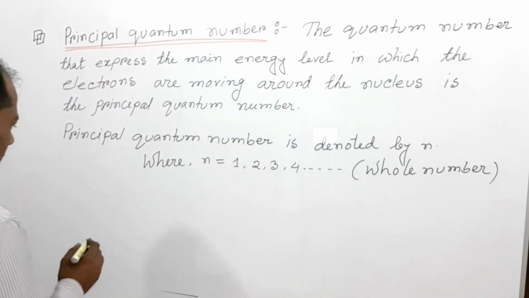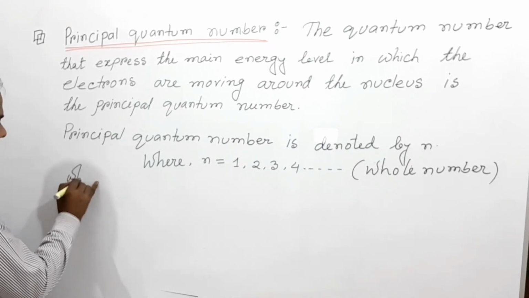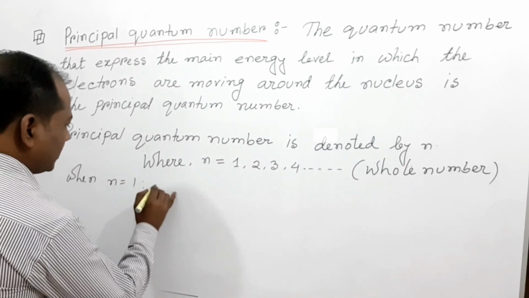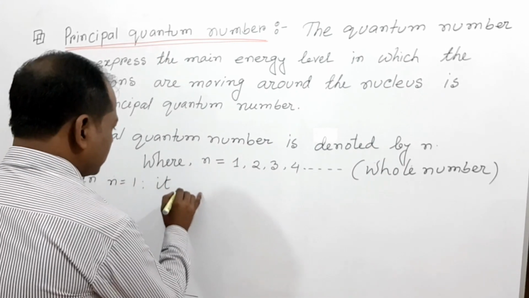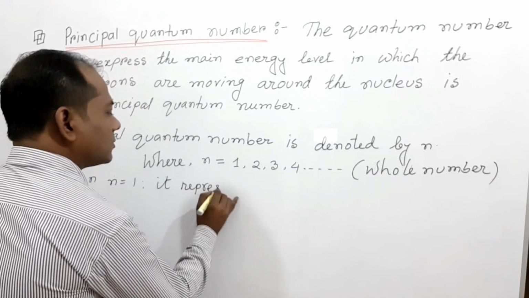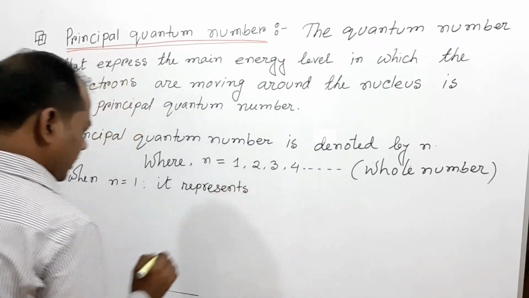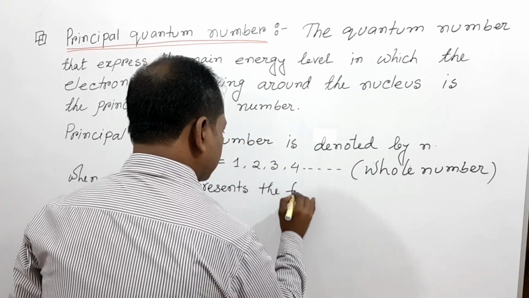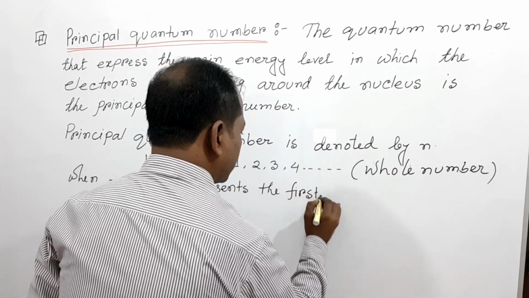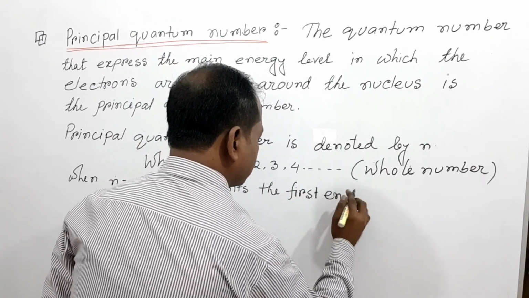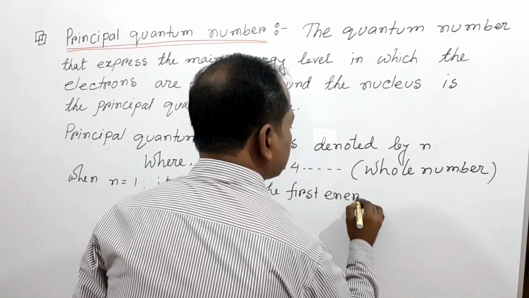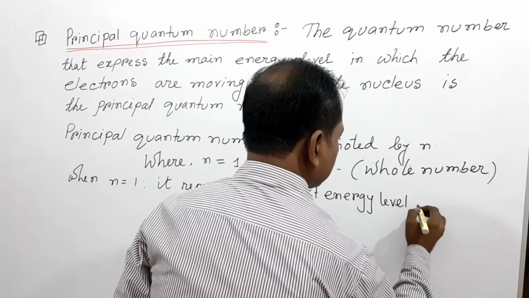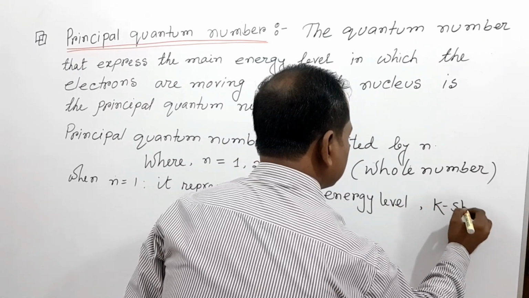When n equals 1, then it represents the first energy level, that means K shell.